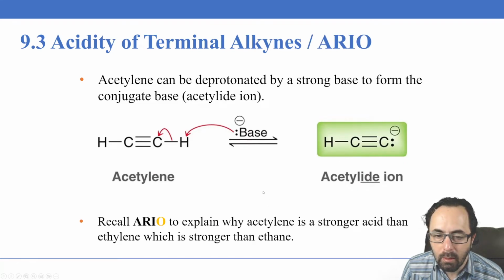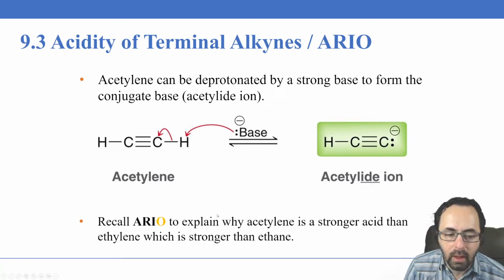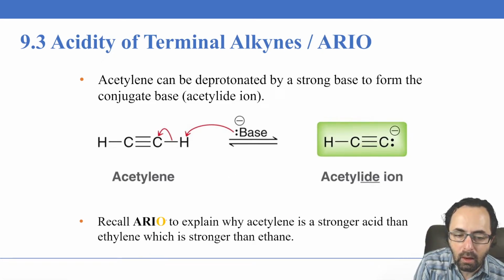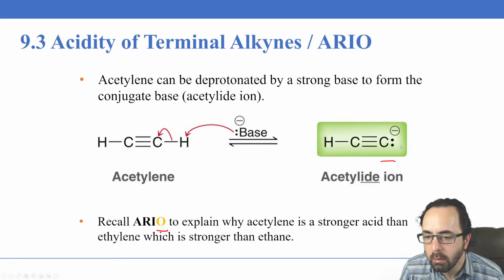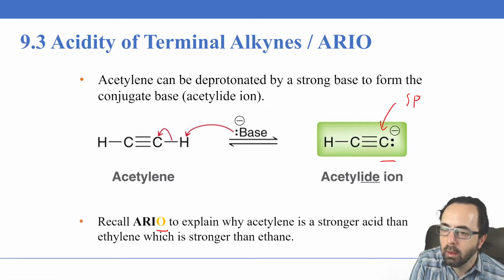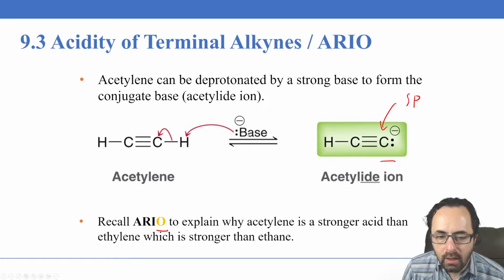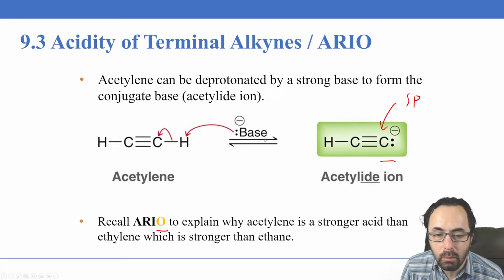So here's an example of a proton transfer related to an alkyne. Again, this is explaining the stability of the deprotonated alkyne in terms of ARIO, this carbon being an sp hybridized carbon. So when the proton is removed by a base, we need quite a strong base, and so we're going to have special bases that we're going to talk about in this lecture series that are extremely strong.